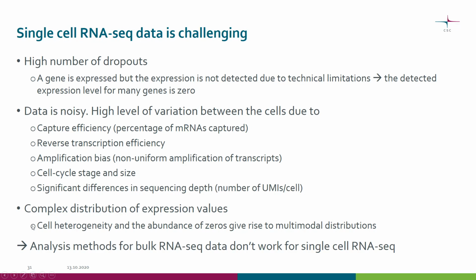Then, as there is this heterogeneity and also the abundance of zeros, the distribution of expression values we get is very complex. We don't get nice normal distributions, but typically this kind of multimodal distributions. And because of these things, the analysis methods for normal RNA-seq data don't work for single-cell RNA-seq.